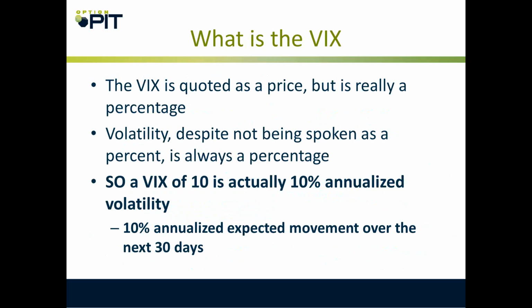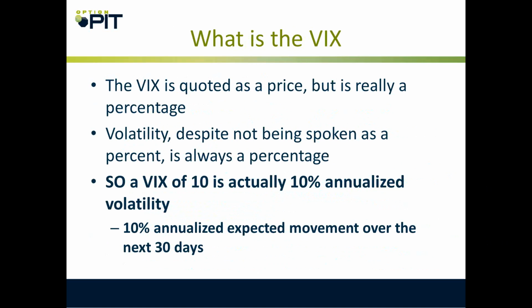That's what it's measuring. All right, 10% annualized expected movement over the next 30 days. So that means for the next month, we're expecting the S&P to move at 10% annualized.